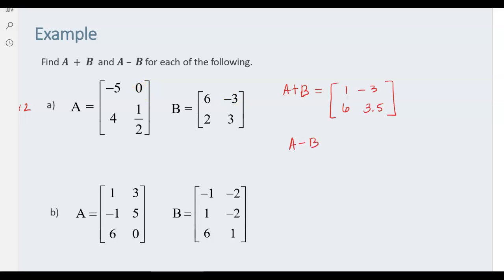We'll just do -5 minus 6. So that's -11. And then 0 minus a -3. That's going to change to a +3. 4 minus 2 is 2. And 1/2 minus 3 is, that'll be -2.5.